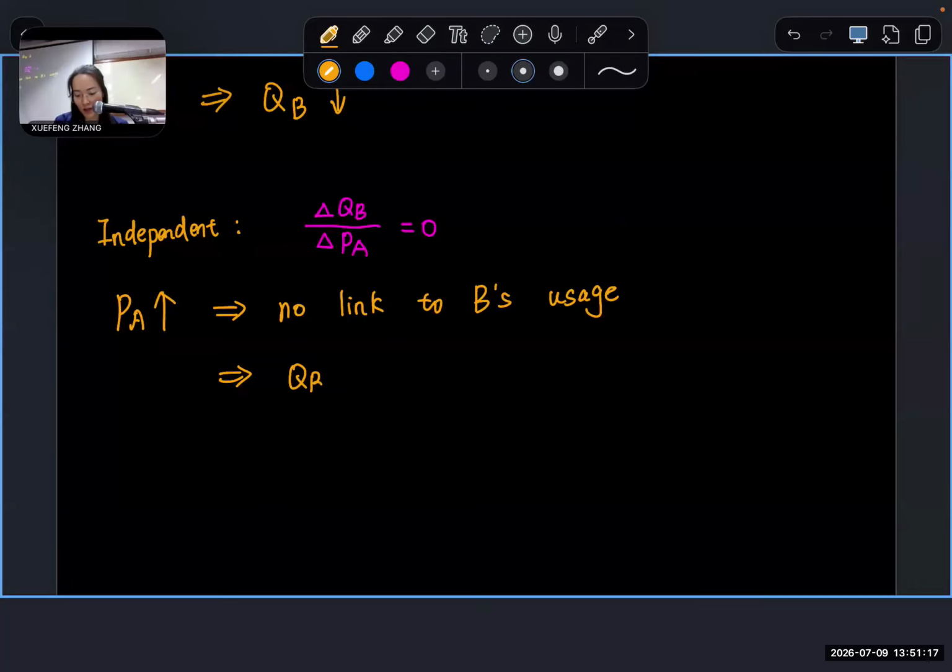So the quantity demanded of product B stays the same. Let me give you an example. Suppose the price of motorcycle helmets rises. There's no effect on demand for mango sticky rice. So we can say that the motorcycle helmet and the mango sticky rice are independent. We can't say that they are substitutes or complements.